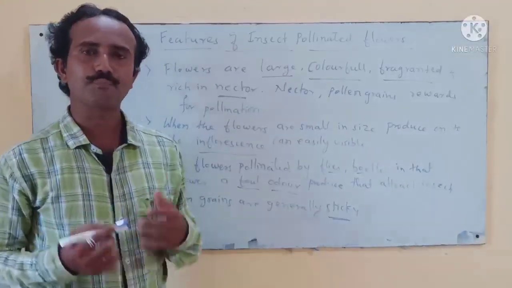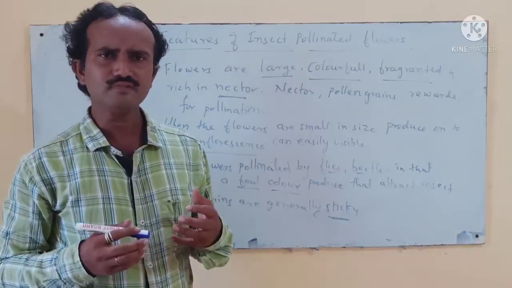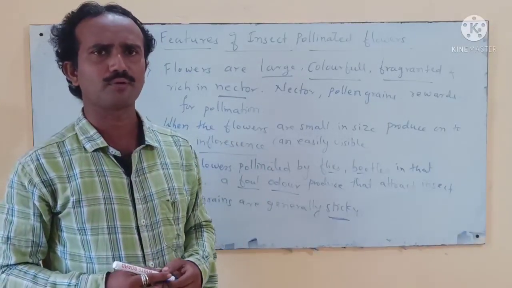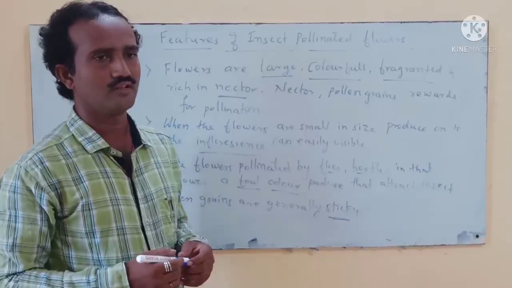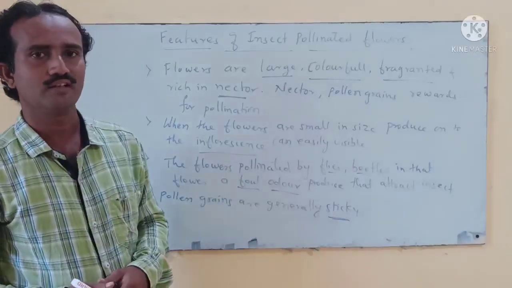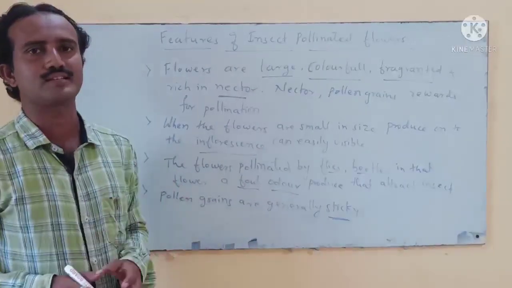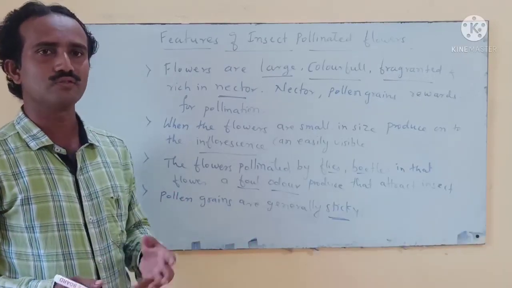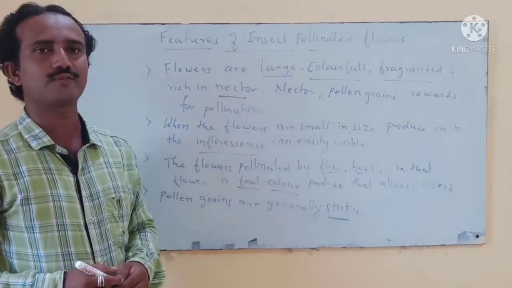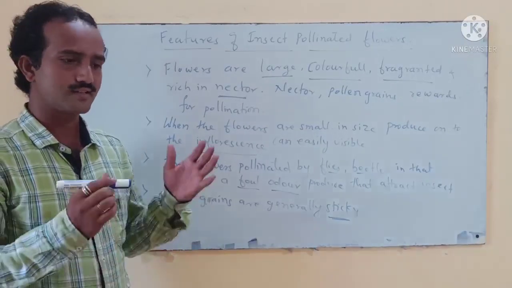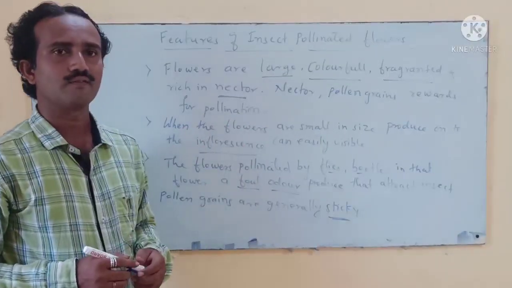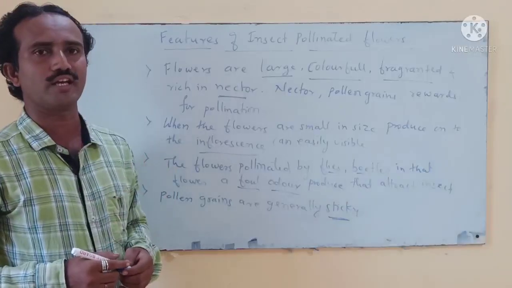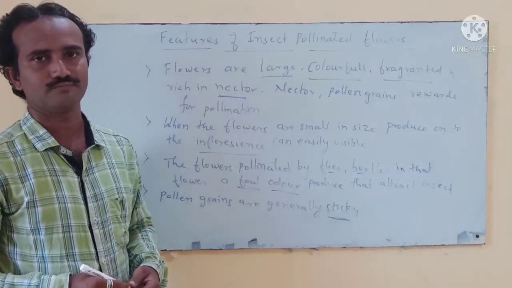Next, some plants show an unusual type of flower pollination. They give safe places to the animals to get shelter from the flowers. So some of the plants give safe places to the animals for pollination.